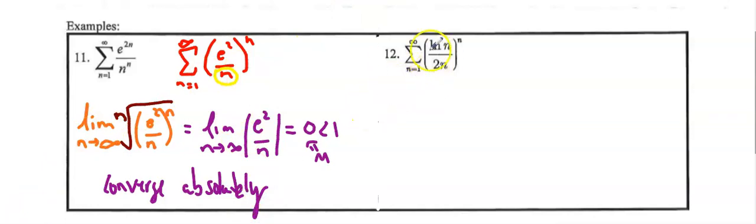If we look at this next example right here, we can do the limit as n approaches infinity of the natural log of n over 2n, all raised to the n.